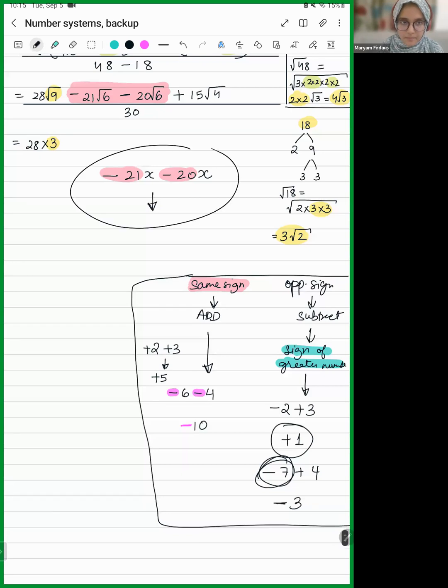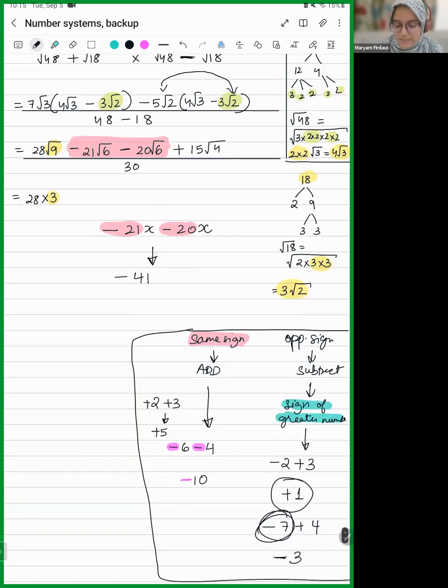This one? Minus 41 root 6 square. Minus 41, not square, bache. Okay, you talk about this. If there's minus 21x minus 20x, they are not being multiplied. Am I saying minus 21x multiplied by minus 20x? No, they are being added, right? So how will the x's be multiplied with each other? They won't. So you are going to just write minus 41x, isn't it?